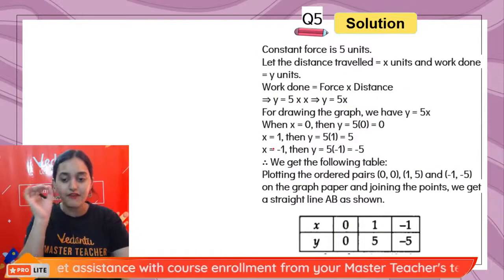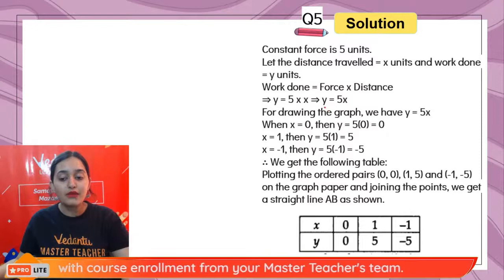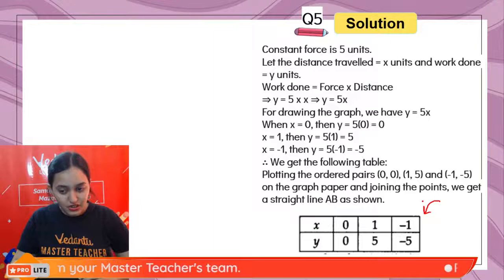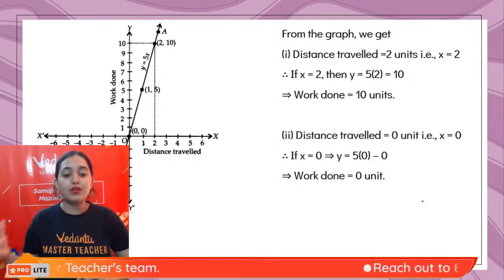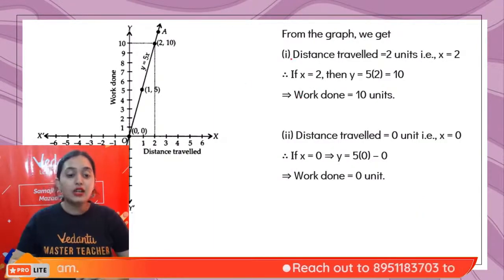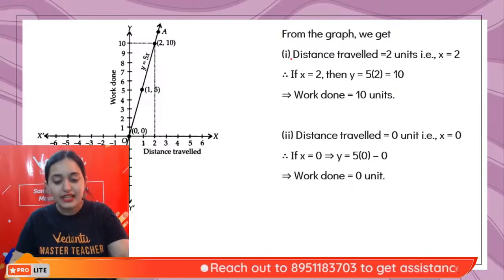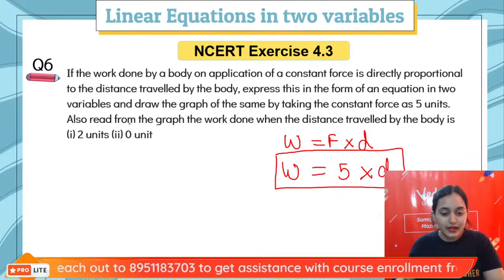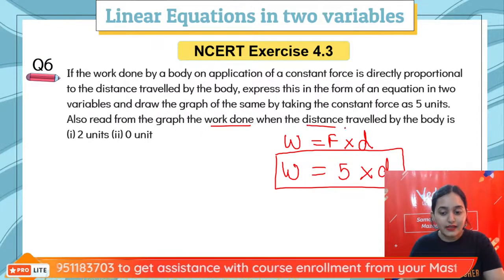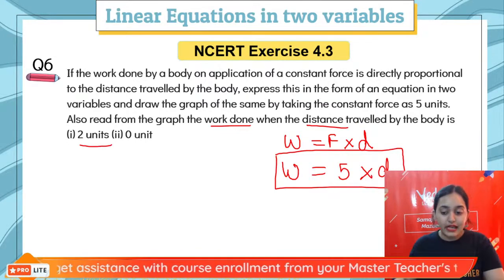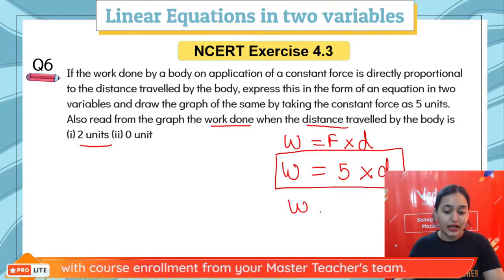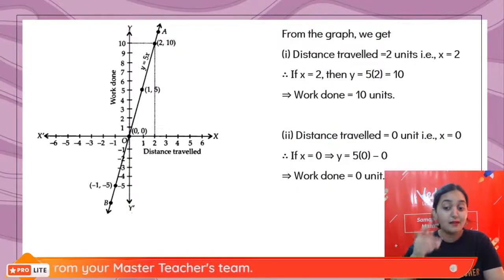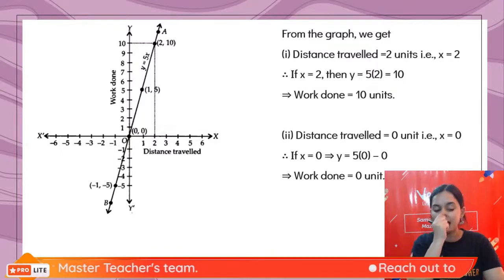Yes, like this we have formed the equation and now we will simply find the coordinates of the equation to plot the graph. क्योंकि क्वेश्चन ने बोला है ग्राफ प्लॉट करिए, तो ग्राफ प्लॉट कर लिया. लेकिन ग्राफ प्लॉट करने के बाद it is asking you what is the work done when the distance traveled is 2 units. यानी जब d का वैल्यू 2 है तो वर्क का वैल्यू कितना होगा 5 इंटू 2 इज इक्वल टू 10. ये तो आप कैलकुलेट कर सकते हैं पर उसने बोला है ग्राफिकली रिप्रेजेंट करने के लिए.